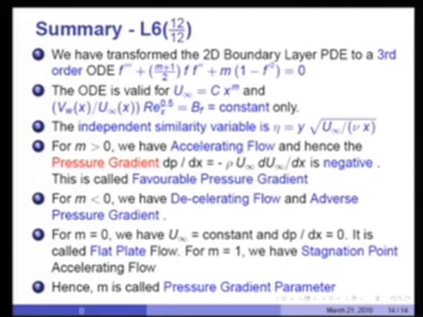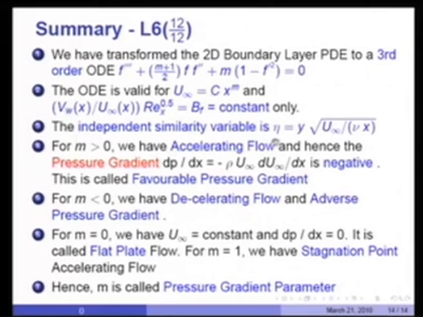The ODE is valid for u infinity equal to c x raised to m and v w over u infinity Re x to the half equal to constant only. Yes, so for any arbitrary variations of u infinity and v w, the equation is not an ODE. And so, these are called the similarity conditions. The solutions can only be obtained for these restricted variations of u infinity and v w.